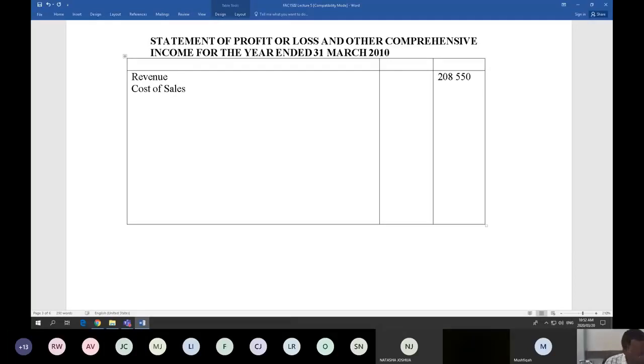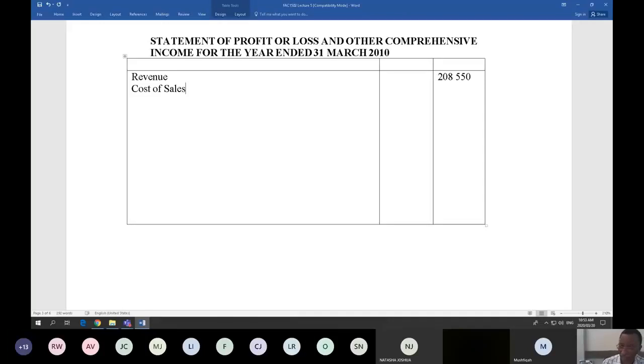Now, just a word of warning over here, guys. In this exercise, you are presented with information from a business that operates a perpetual inventory system. In a perpetual inventory system, remember now, cost of sales is given to you.